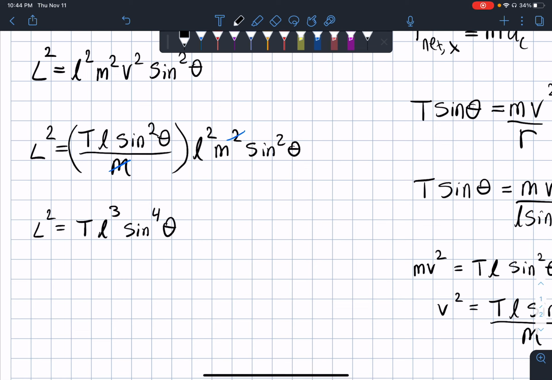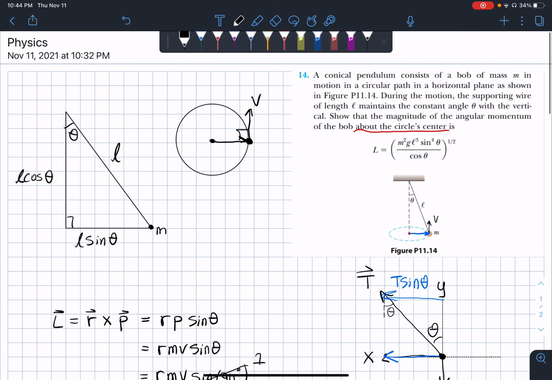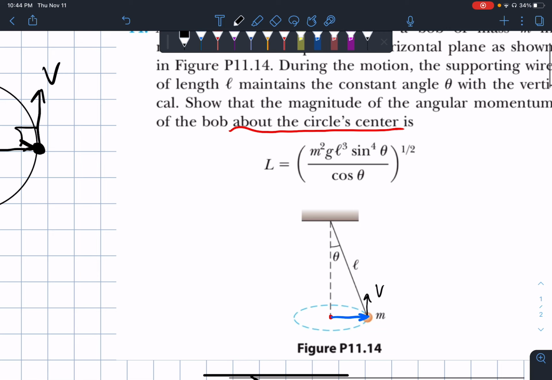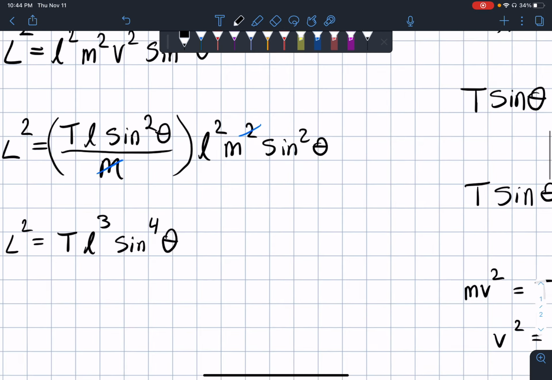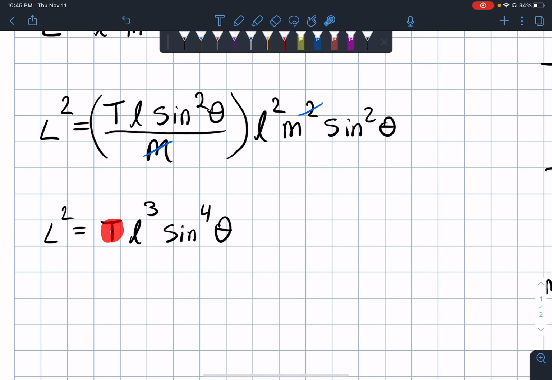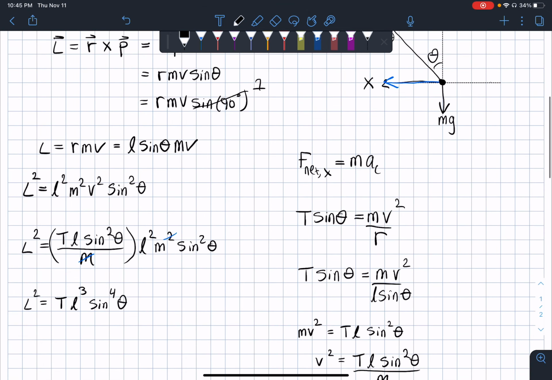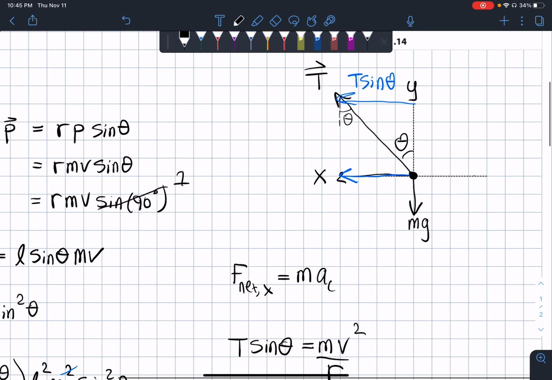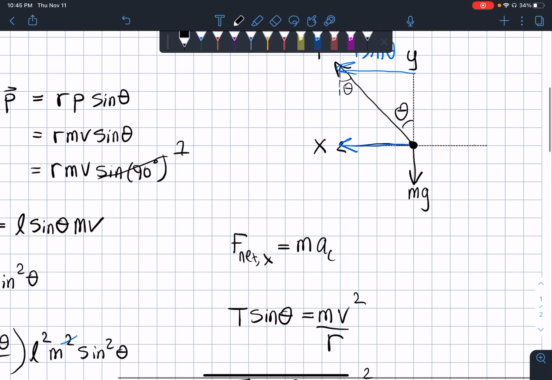Okay. Am I missing anything? Nope. Okay. Well, if we go back up here, it says show that L is equal to this. Well, we're close, but there's no T's in there. And we have a T right here. So we need to get rid of that somehow. Well, if we go over here, back to this side view, we're going to now apply Newton's second law in the y direction.